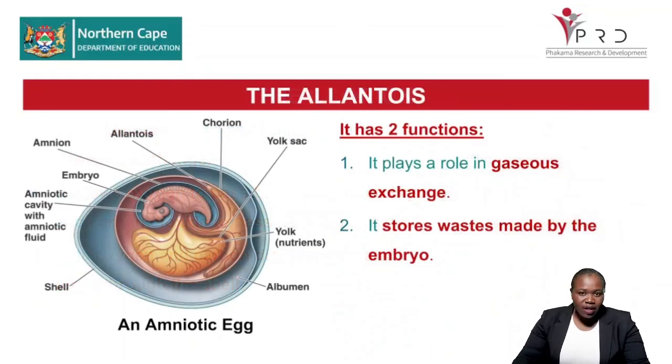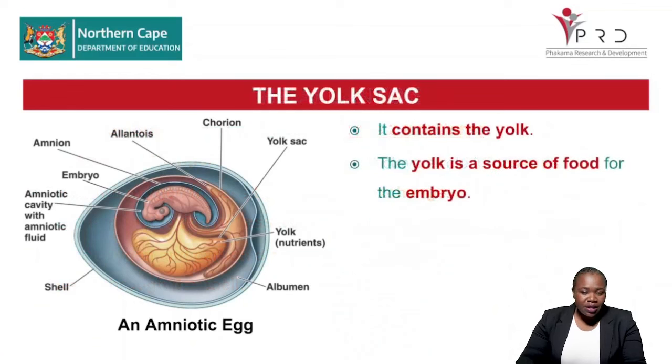It has two main functions here. The first one is also gaseous exchange, just like the chorion. And secondly, it stores the waste products produced by the embryo during some metabolic processes. Those will be stored until the egg hatches, because they cannot be removed, as there is no direct contact between the external environment and the inside of the egg.